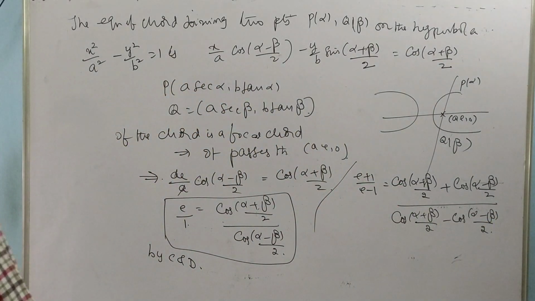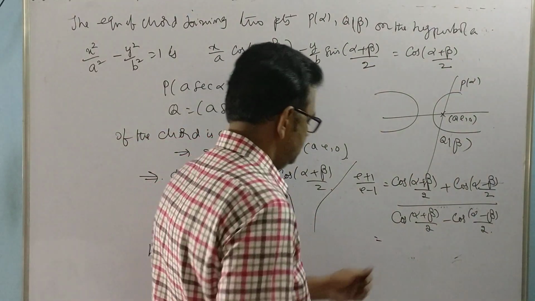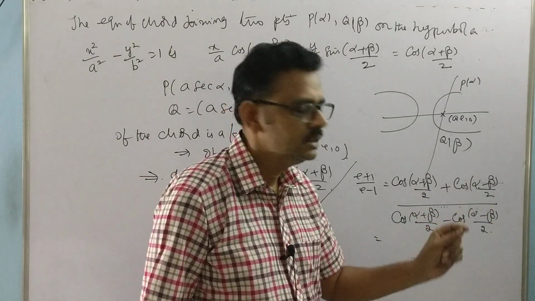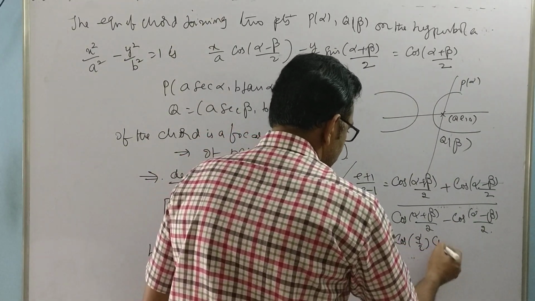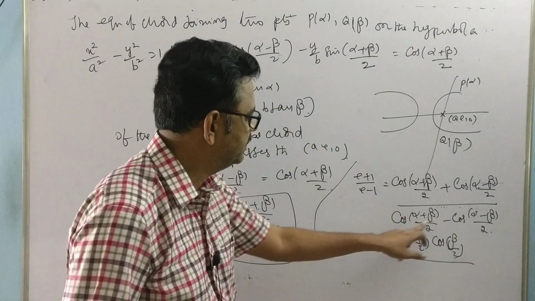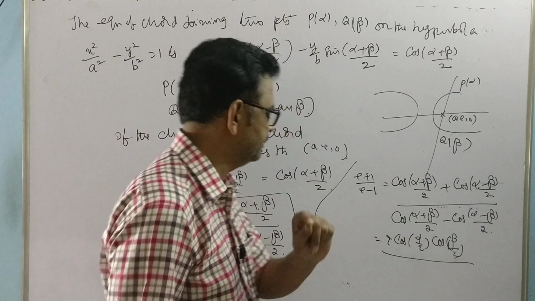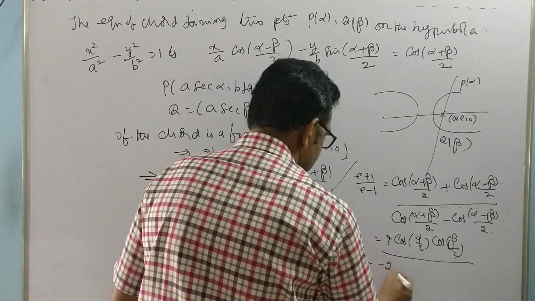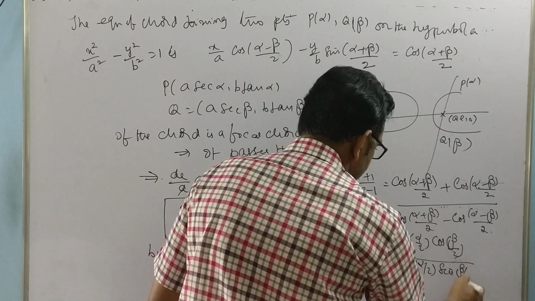Applying componendo and dividendo, cos of A plus B plus cos of A minus B equals 2 cos A cos B, so this is 2 cos alpha by 2 into cos beta by 2, by cos of A plus B minus cos of A minus B equals minus 2 sin A sin B, that is minus 2 sin alpha by 2 into sin beta by 2.